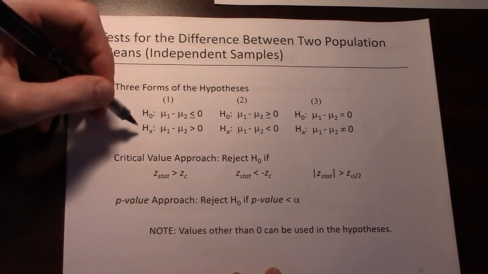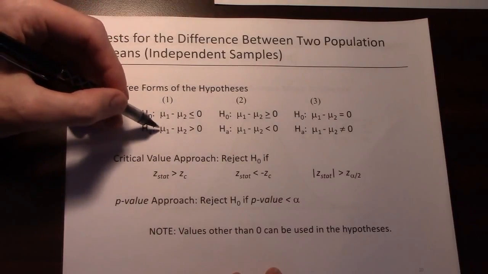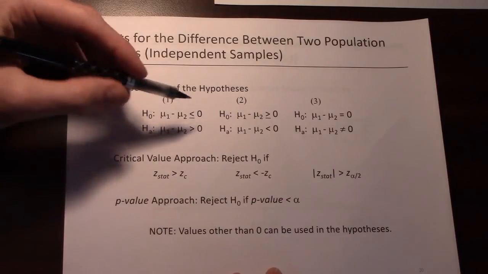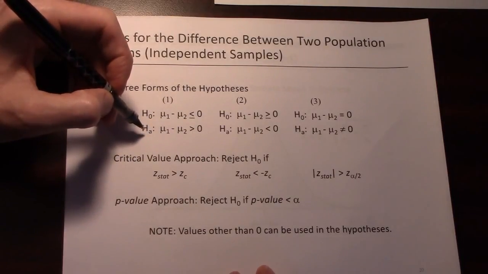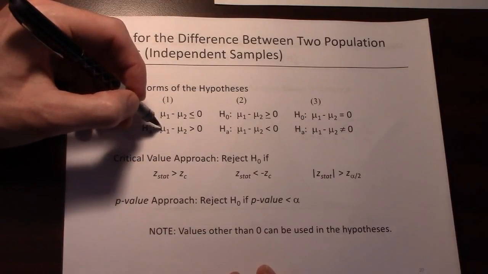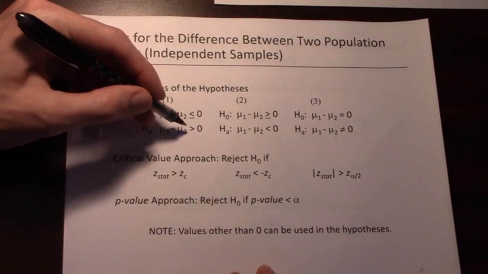So let's look at this first column here. Mean 1 minus mean 2 is greater than 0. That might be what we're trying to ultimately prove with this new mix. So the average revenue for the new mix minus the average revenue for the old mix is greater than 0.